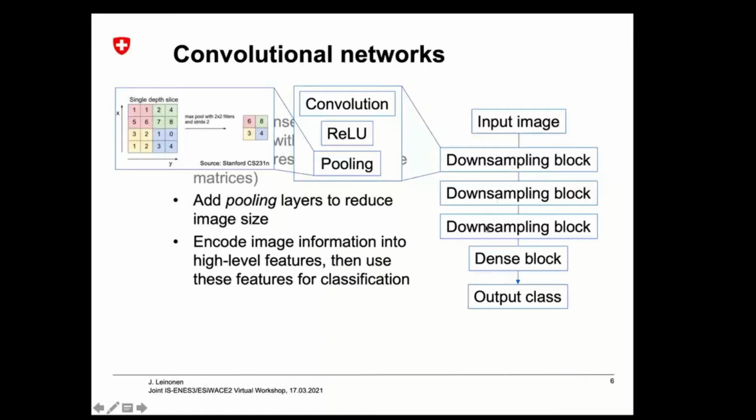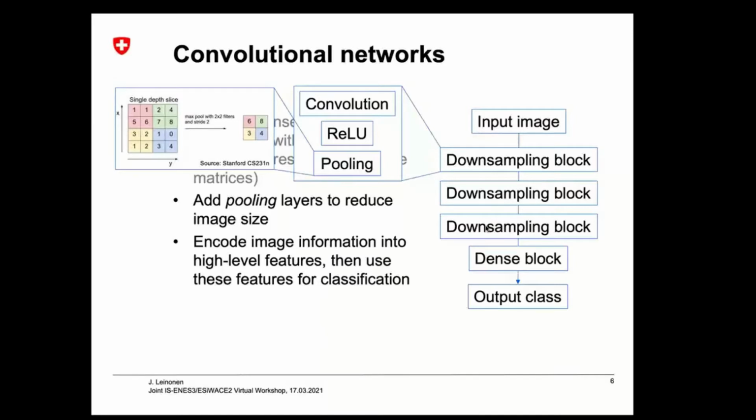8x8, and 4x4. And typically what we do at the end is then we would pack that information that we get after several of these downsampling blocks into one more dense layer, and then out of that get some kind of class for the image.